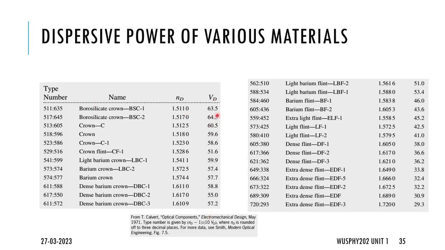For borosilicate, it is 63.5. Then if you use flint glass, it is 53. So smaller dispersive index. You see why flint glass is preferred, because it has a smaller dispersive index. But then in that case dispersive power will be large. So you may use a good combination of both of these.